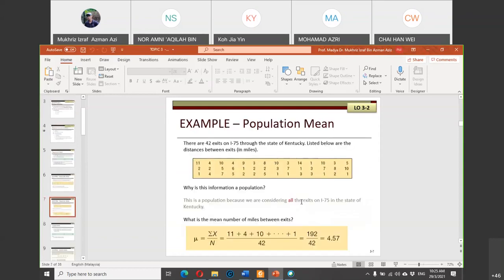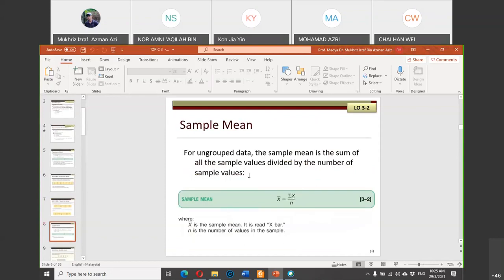If I skip, let's say we go to this slide first before we go back to the previous two slides. So we started with the population mean and then we continue with the sample mean. If you compare sample mean and population mean, for sample mean, instead of using mu, we are using x bar. So x bar is the notation for mean when the data belongs to the sample.